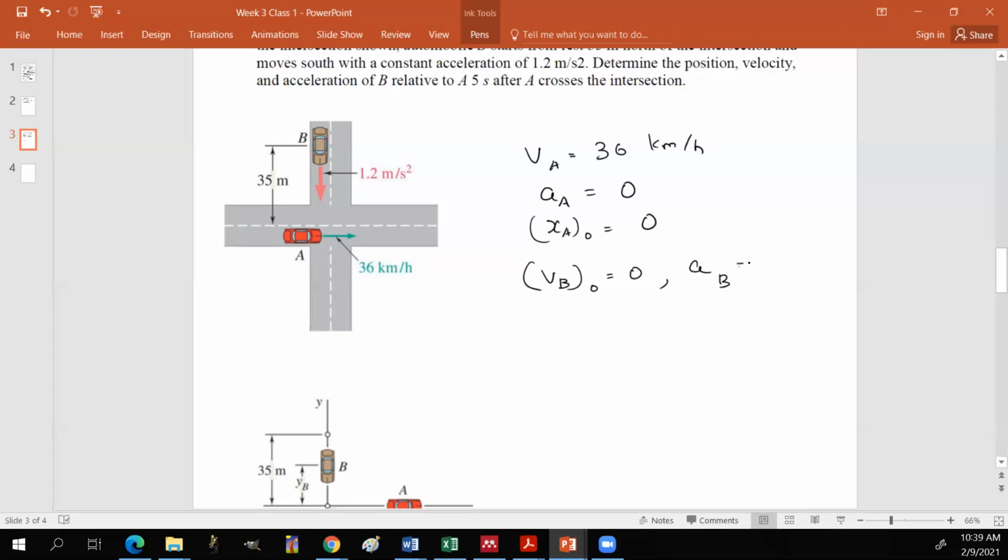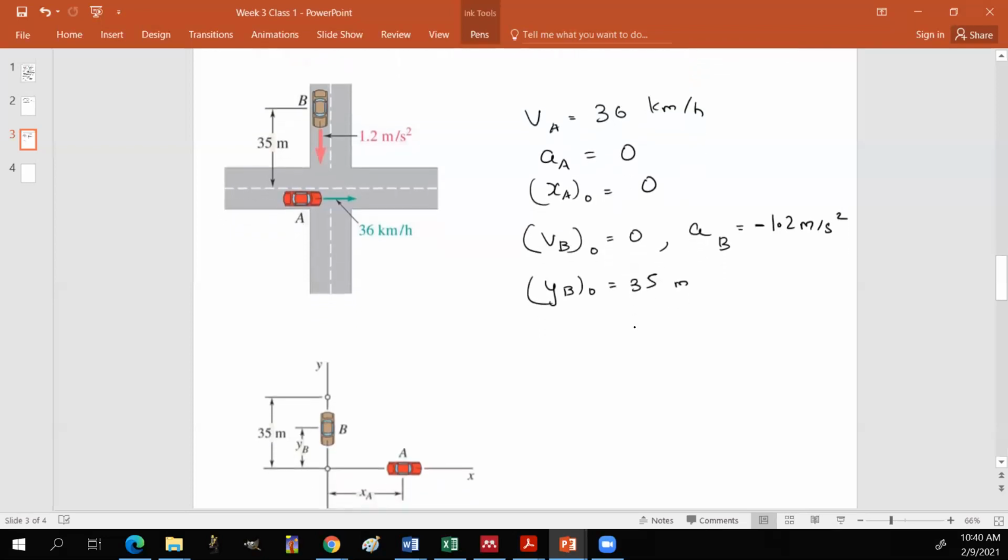So we'll just keep the sign negative over here, and this is constant. And we know that the initial position of B is equal to 35 meters. Right? So let's just do all our unit conversion so that we're working with meters per second, right?